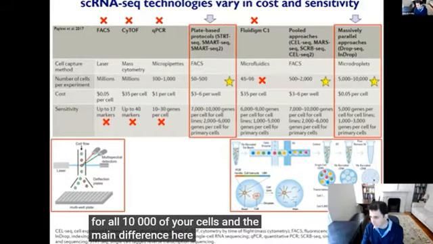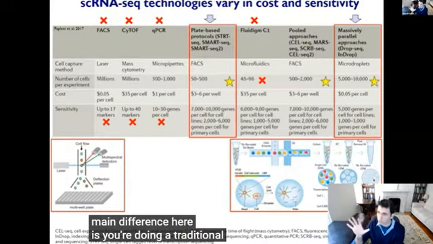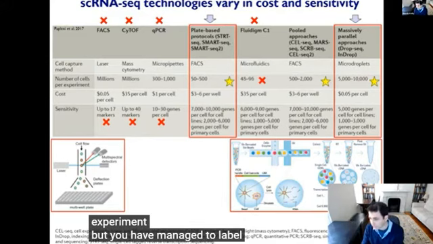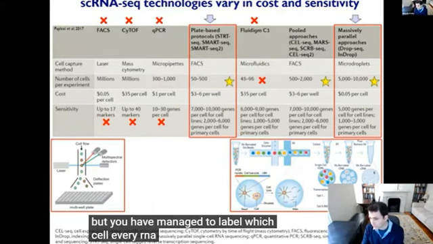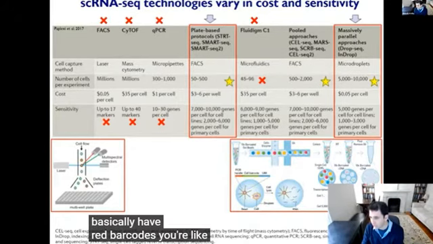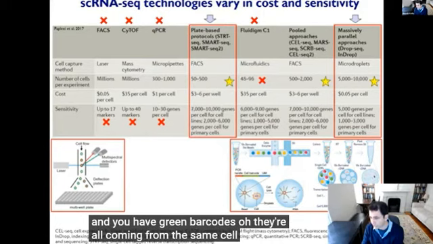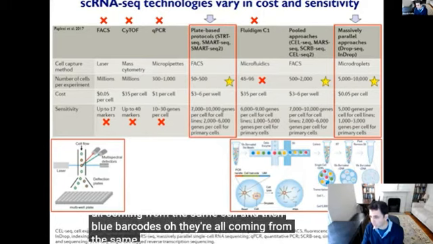And the main difference here is you're doing a traditional RNA-seq experiment, but you have managed to label which cell every RNA came from. So you basically have red barcodes. Oh, they're all coming from the same cell. And you have green barcodes. Oh, they're all coming from the same cell. And then blue barcodes. Oh, they're all coming from the same cell.